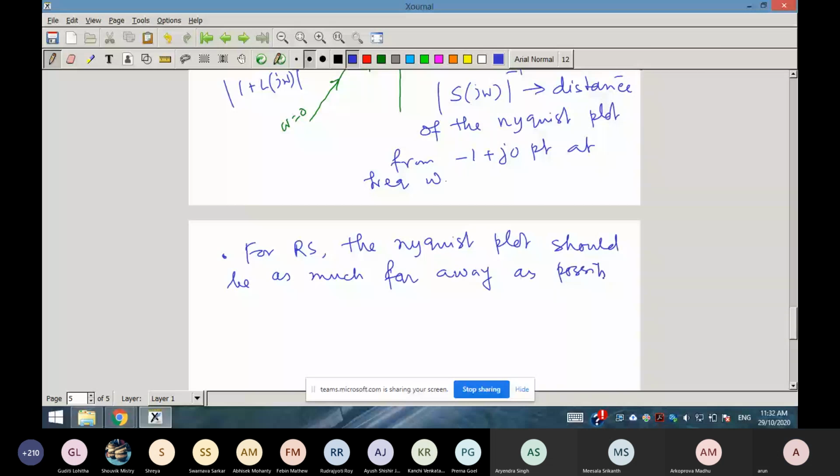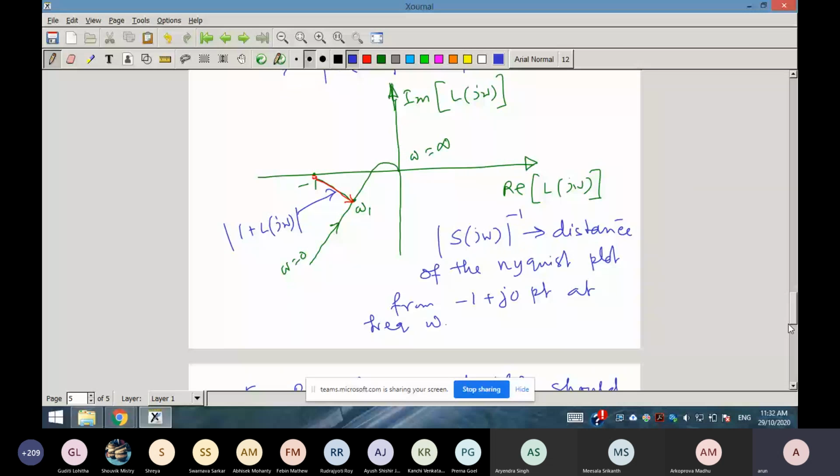So what are we interested in? Given a loop transfer function, we are interested in the minimum distance of the Nyquist plot from the -1 point. Since S j omega inverse is simply the distance at frequency omega, what is the minimum distance?